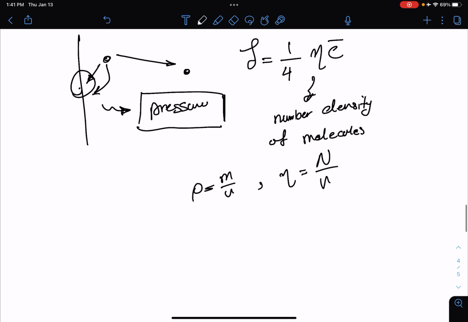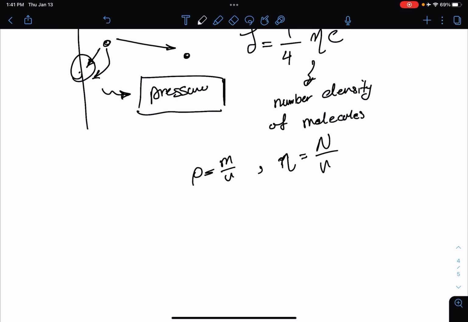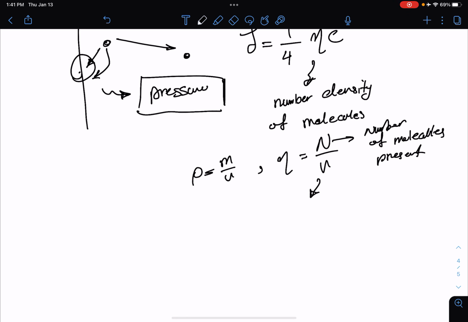We are going to get there. But we don't really use moles in mechanical engineering at all. But yeah, number density eta is equal to the number of molecules present in a system divided by the volume of that system.